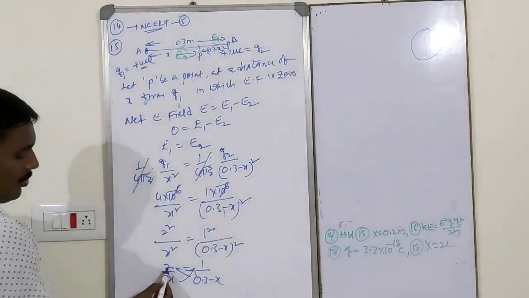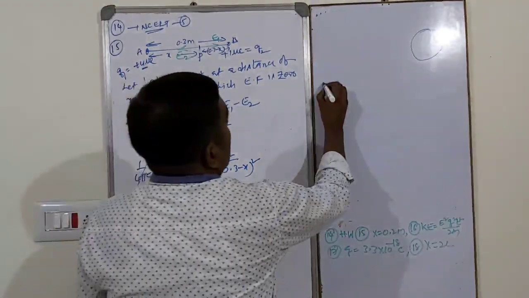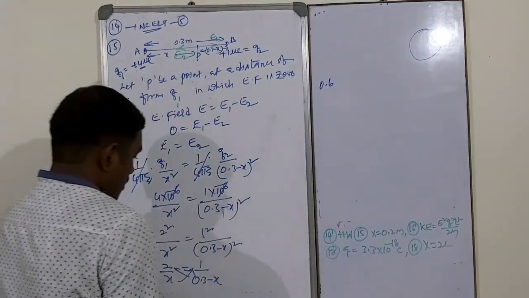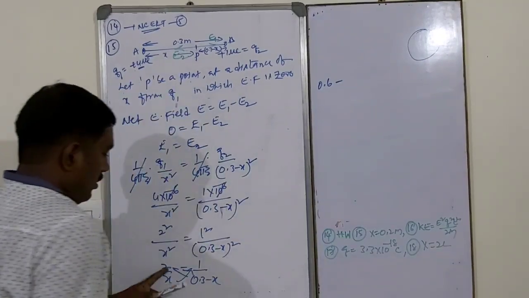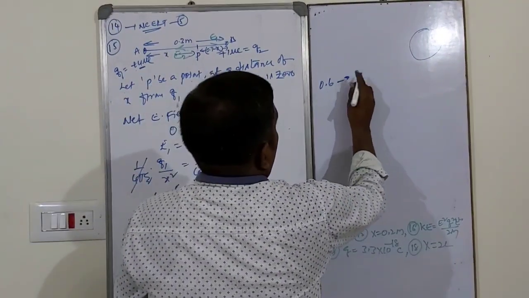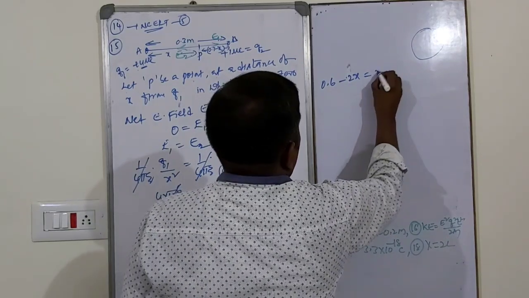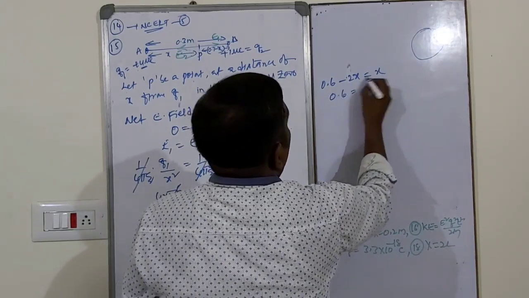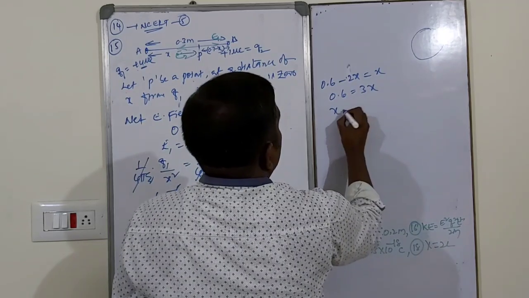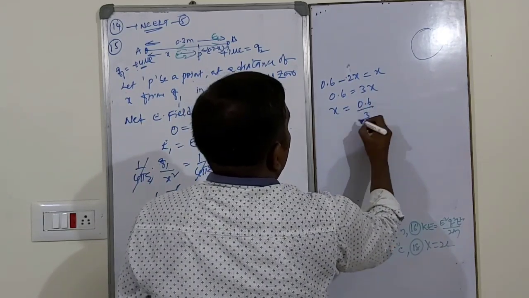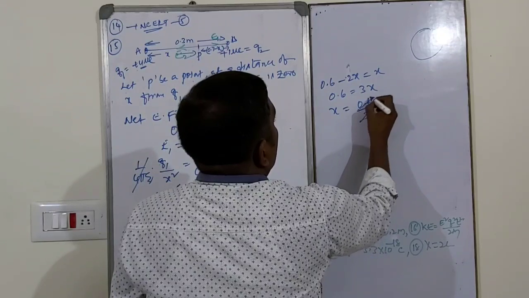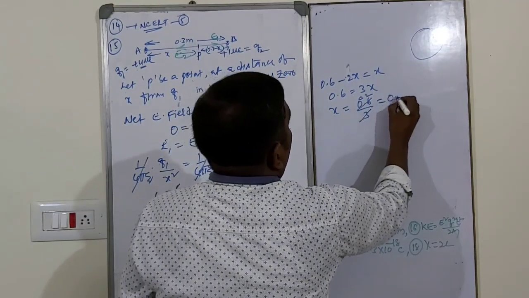See dear students, 2 into 0.3 is 0.6. 0.6 minus 2x is equal to x. 0.6 is equal to 3x. x is equal to 0.6 by 3, so x is 0.2 meter.